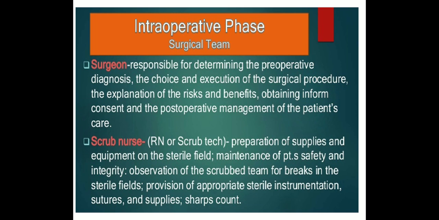Maintenance of the patient's safety and integrity, observation of the scrub team for breaks in the sterile field, provision of appropriate sterile instrumentation, sutures and supplies, and sharps count. So she is responsible for maintaining the sterile environment in the operation theater. She helps the surgeon with the equipment, and after the surgery she will count each and everything which is needed for surgery.